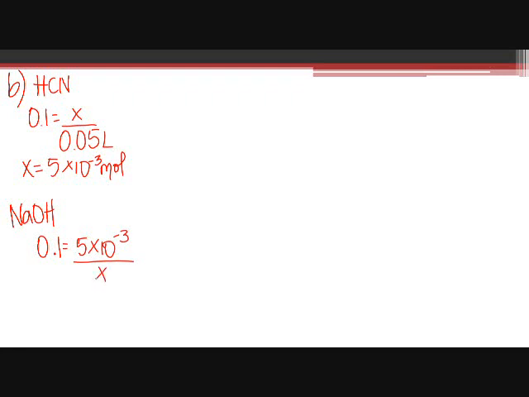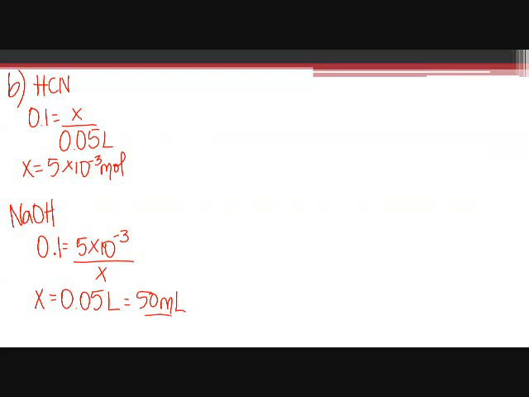So to solve for the volume, we end up with 0.05 liters, which is the 50 milliliters. So it just so happens that this example has the volume amounts be the same. It might not be that way all the time, or I think it mathematically has to do with the fact that the concentrations are the same. So I wanted to show that for you. Okay, so what do we do with this?